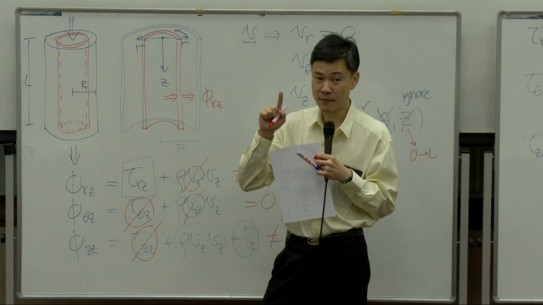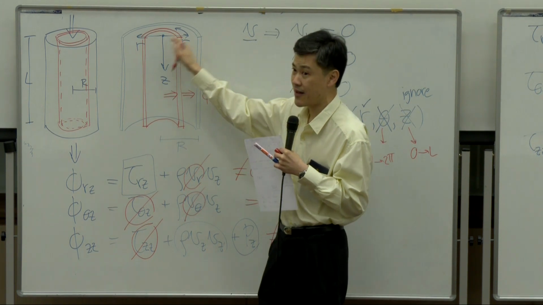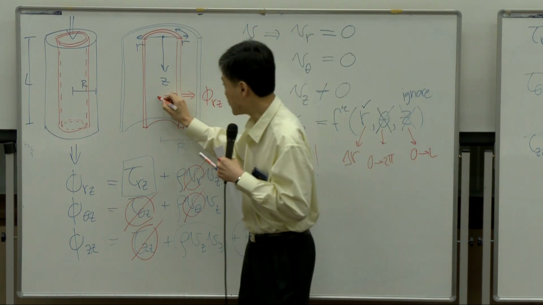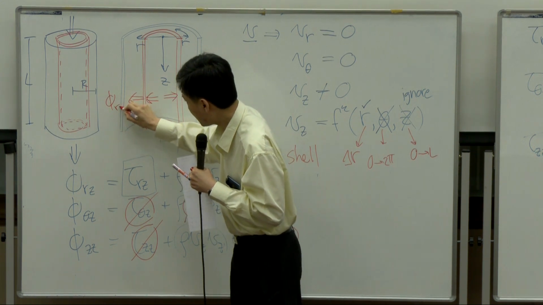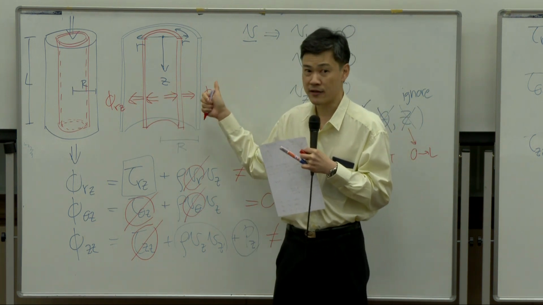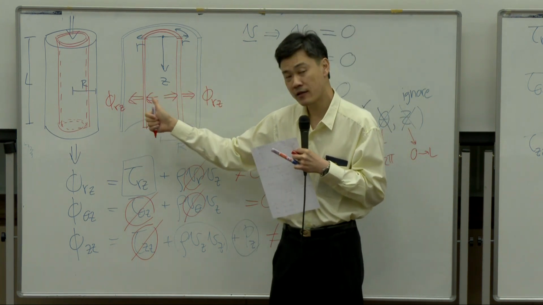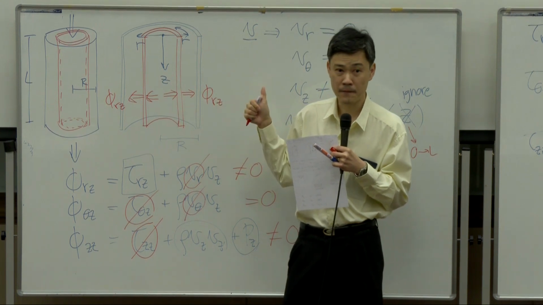And as I said from the very beginning, the R direction goes from center outward. So this is also phi RZ. As long as it goes from the center outward, it doesn't matter whether it goes left or right. Both of them are considered RZ. Okay?